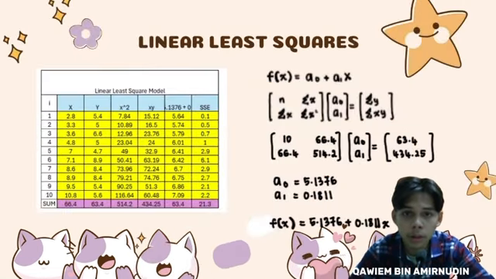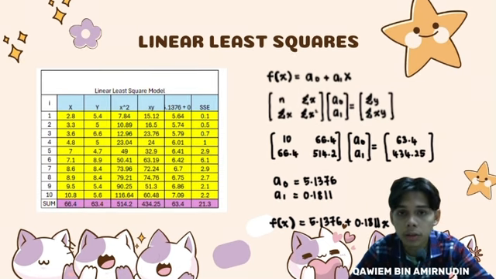The first model we apply is the linear least square model. This model assumes a straight line relationship between the two variables and takes the form f(x) = a0 + a1x. To find the values of a0 and a1, we use the normal equation written in matrix form. Based on our dataset, we have the following values.